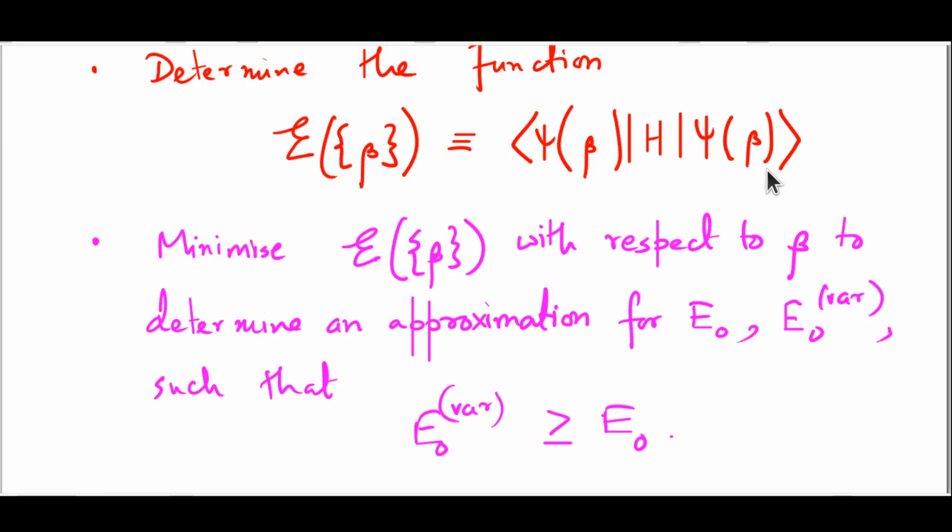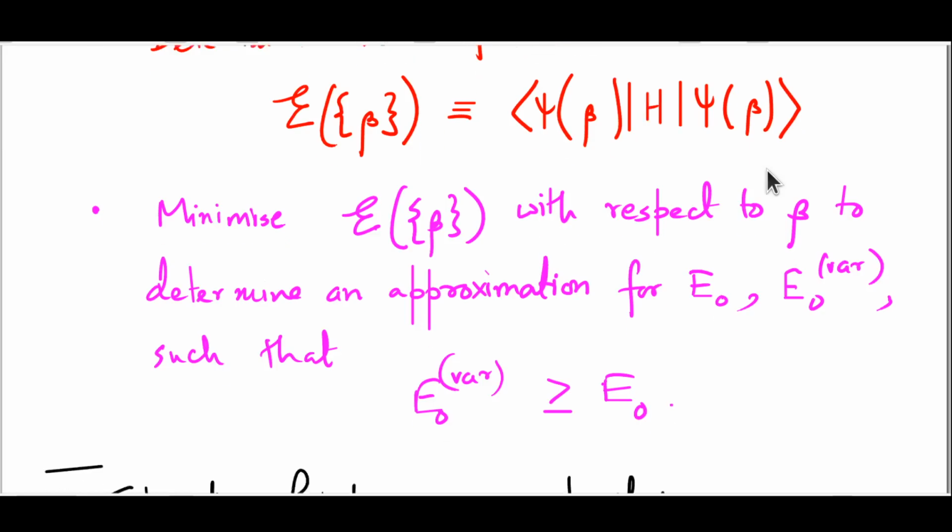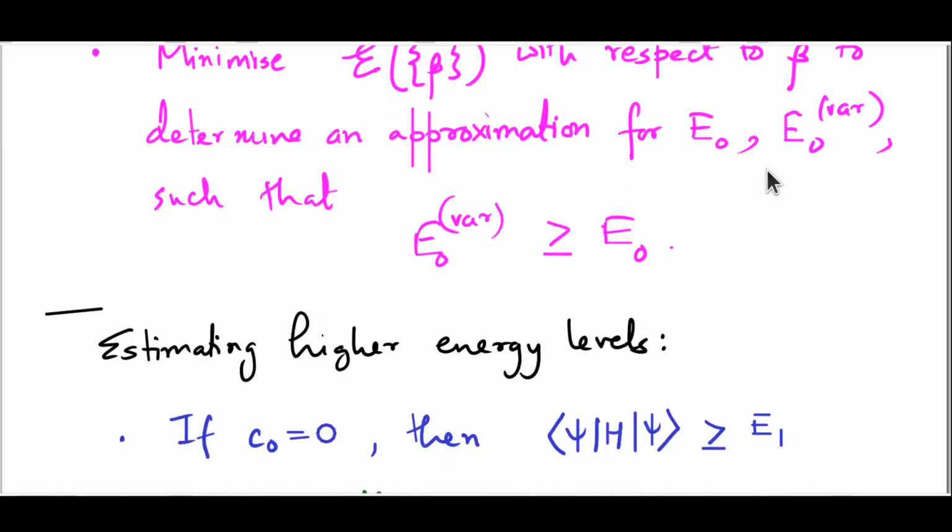For this, let me point out that if you choose your eigenket expansion psi in such a way that, while it's expanded in terms of the eigenkets, the expansion goes from n equal to 1 to all higher values, that is, n equal to 0 is excluded, or otherwise C0 is 0, then the expectation value of H must be bounded below by E1.